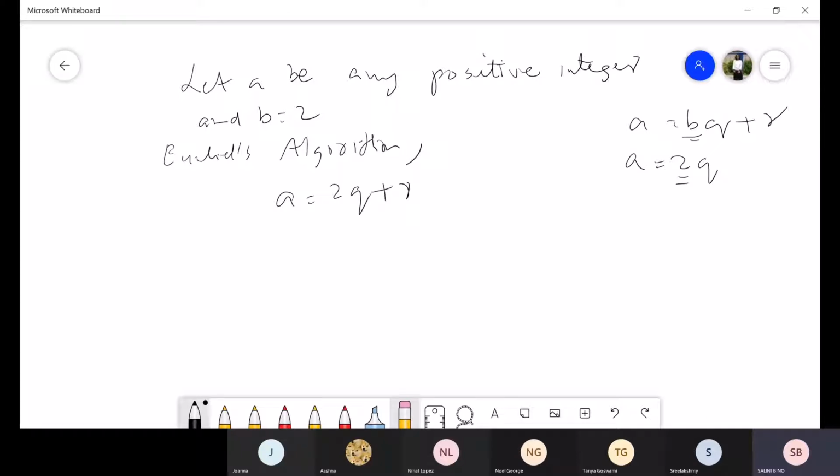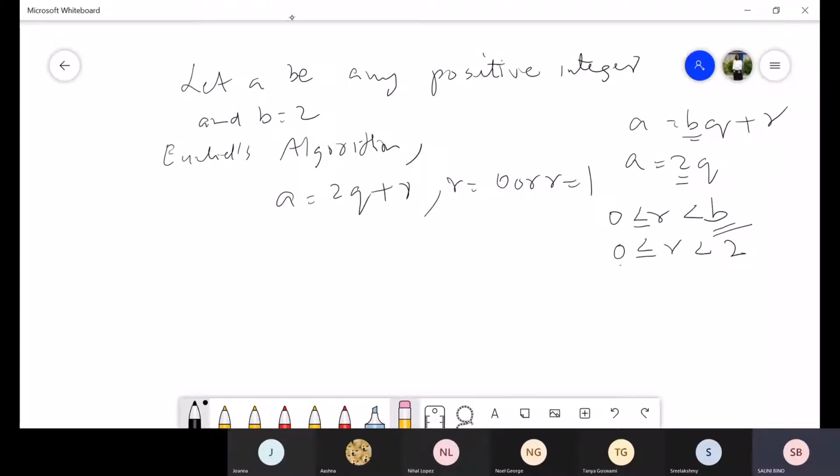Now the next condition: what is the limit for the value of R? In the beginning I already told you, 0 less than or equal to R less than B. Because B is 2, we have to take 0 less than or equal to R less than 2.